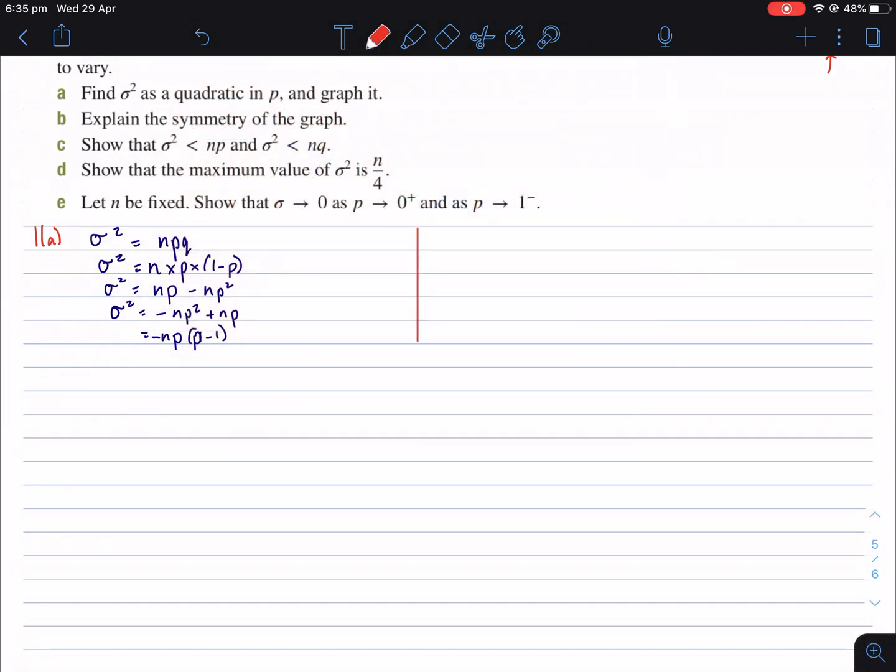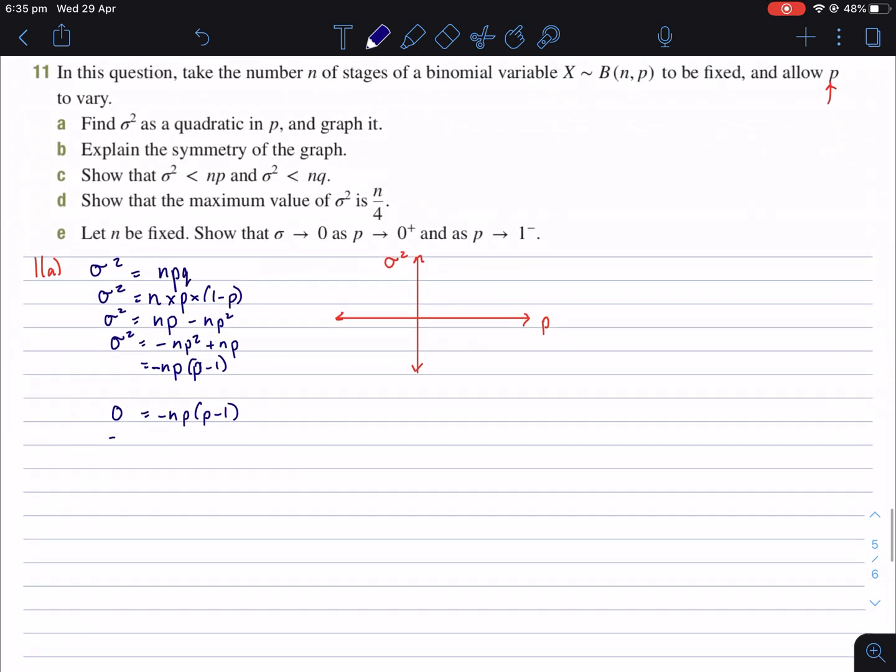Because this means, so this is sigma squared, so that's like y, and this is P, so that's like x. So let's find the intercepts. Negative NP equals 0, which means P equals 0, which means an intercept is there. And P take 1 equals 0, P equals 1, which is another intercept.